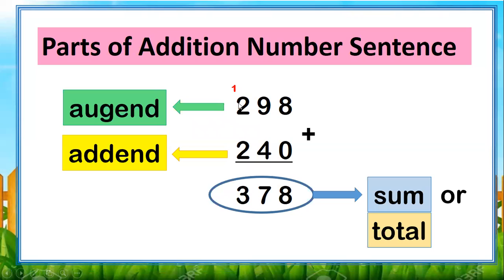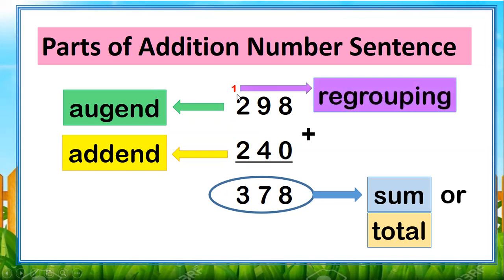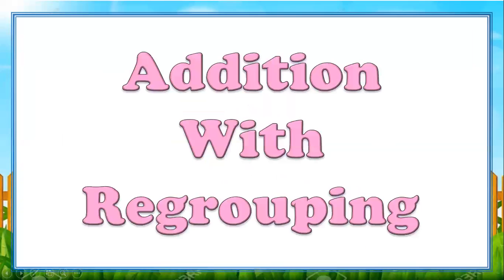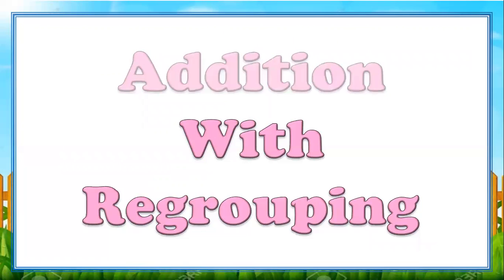And as you can see here, this small number indicates that regrouping has been made from the previous place value column.